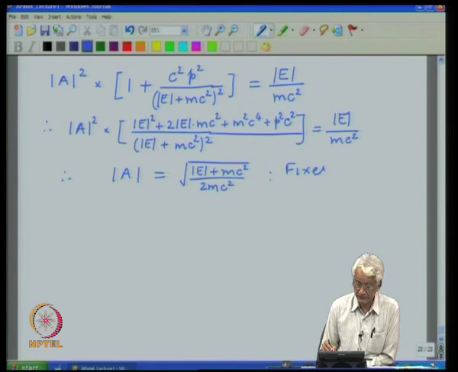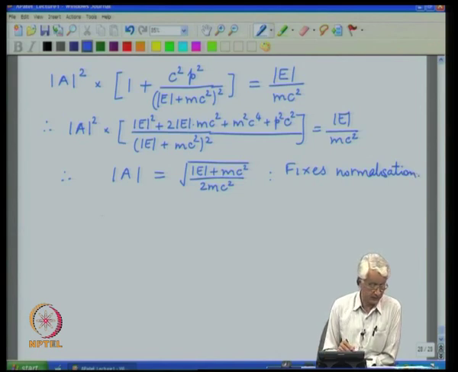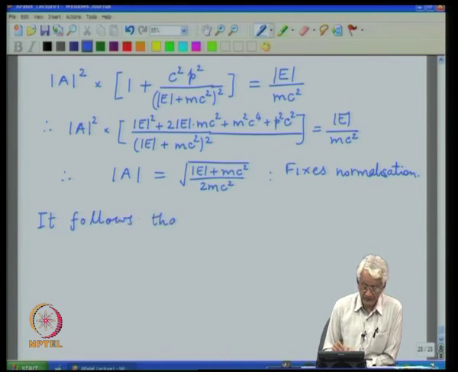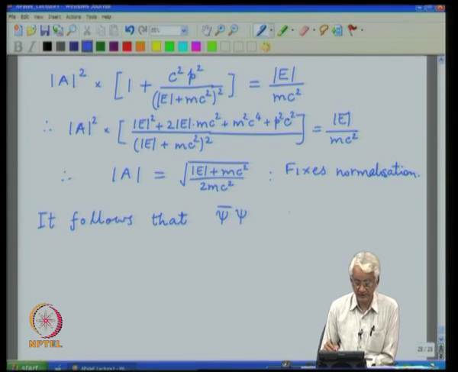And one can easily work out from this normalization an interesting fact, that the quantity psi bar psi is 1 in magnitude.